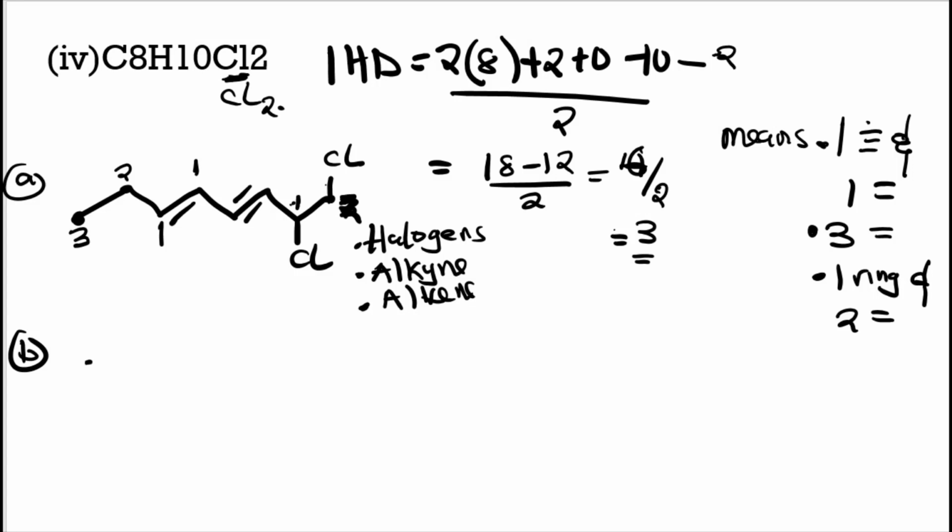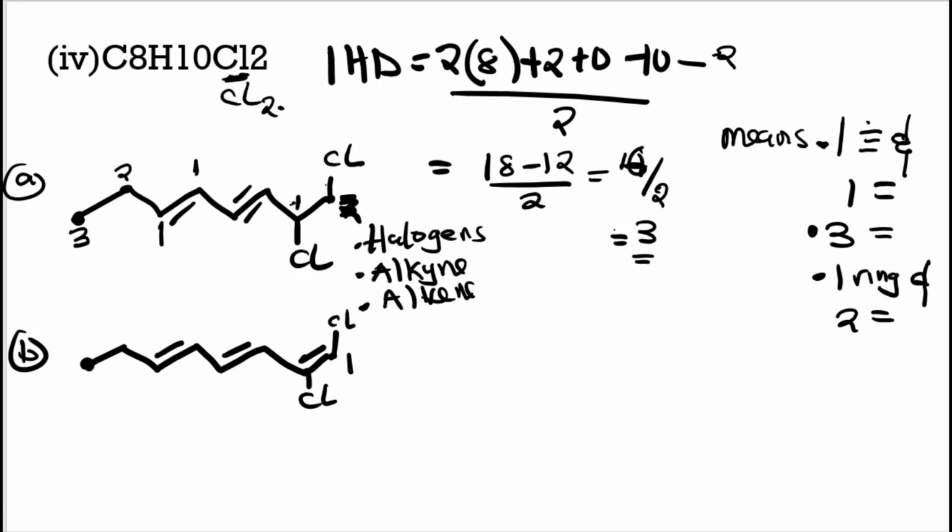For B, we said that it can have 3 double bonds. So you have carbon number 1, 2, 3, 4, 5, 6, 7, 8 with 3 double bonds. You can have a double bond here with a chlorine here, the chlorine here, another double bond here, another double bond here. This carbon here has got 1 hydrogen.